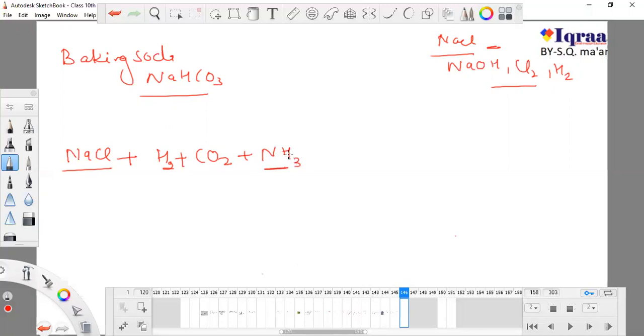Now a question will come to your mind: how did this ammonia come? Don't forget, as I told you yesterday, this is ammonia and this is the ammonium ion. NH4 is the ammonium ion and NH3 is ammonia. How is it formed?